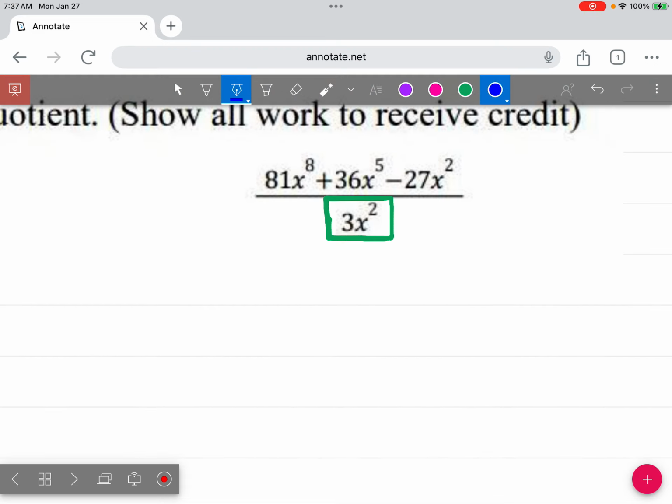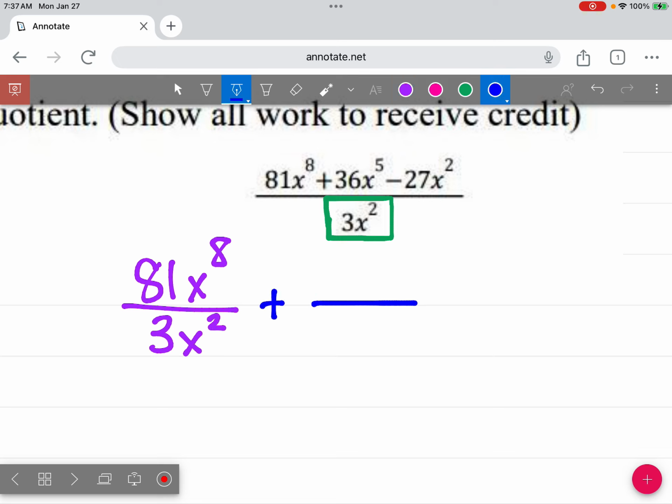We're going to uncommon this denominator. So we're going to have our 81x to the 8th, and we're going to put it over its own copy of the denominator, 3x squared. Then we're going to have our plus and a new baby fraction with my 36x to the 5th over my 3x squared.